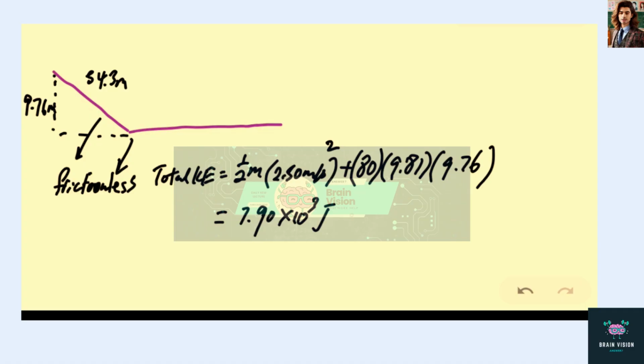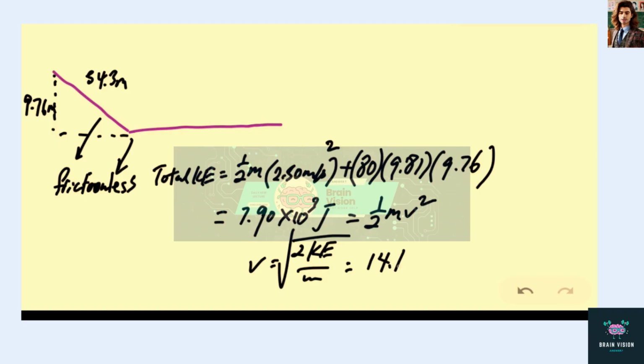And from here we can equate this to half mv squared to get our velocity v. It's the square root of 2 times the kinetic energy divided by m. And we should get a velocity of roughly 14.1 meters per second.